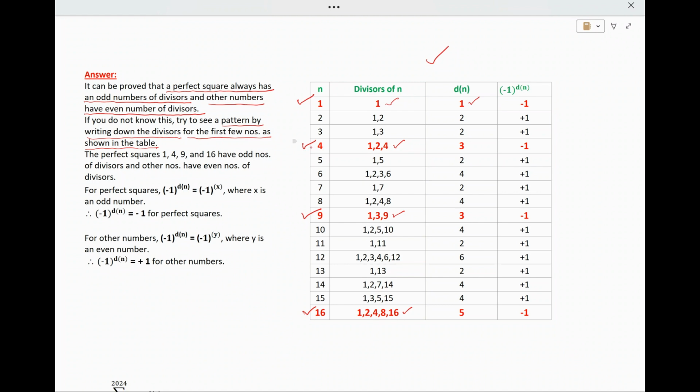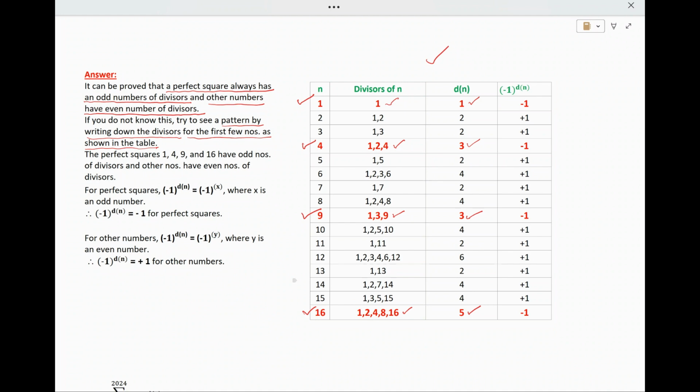Similarly, in the case of 4, dn is equal to 3. In the case of 9, dn is again 3. And in the case of 16, dn is 5. So in the case of all the 4 perfect squares, the number of divisors is an odd number.